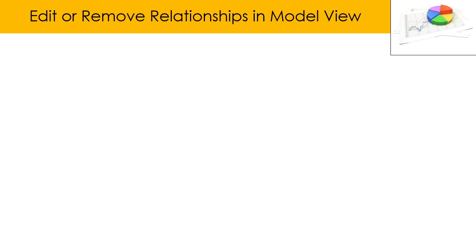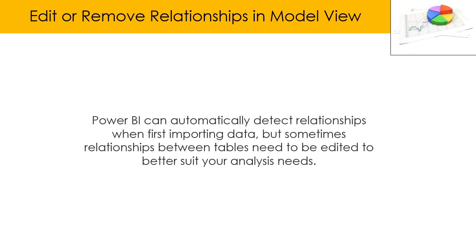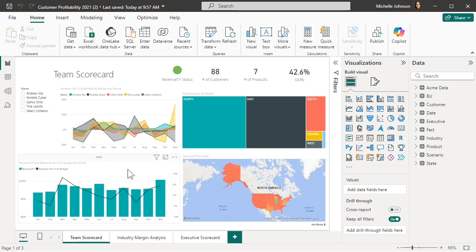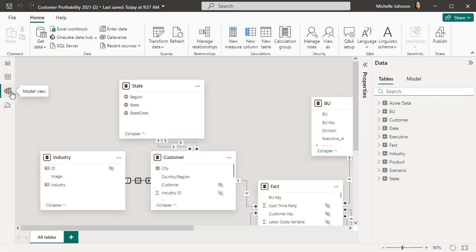Edit or remove relationships. Power BI can automatically detect relationships when first importing data, but sometimes relationships between tables need to be edited to better suit your analysis needs. To view the relationships between tables, select the Model View icon. In the Relationships group, select Manage Relationships.